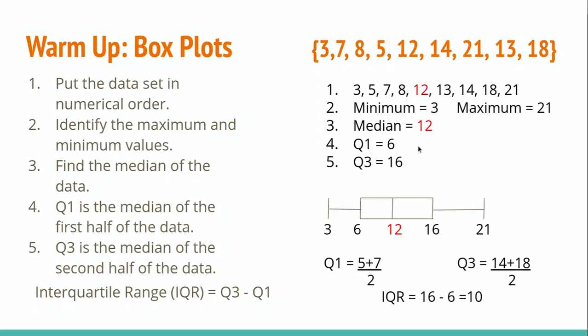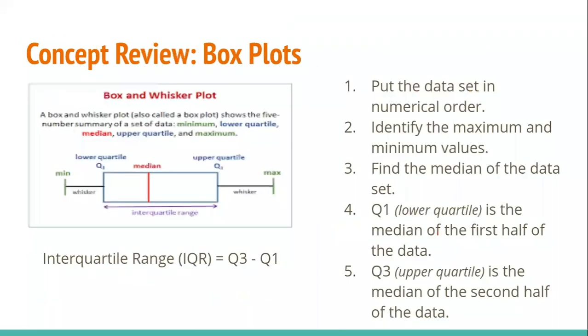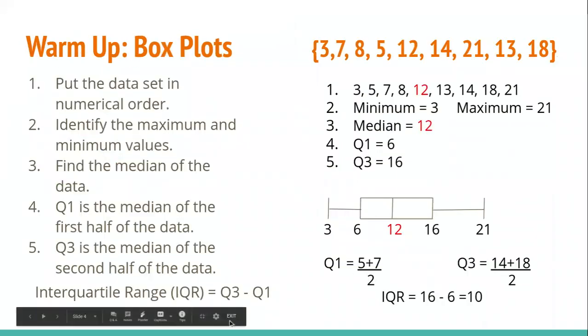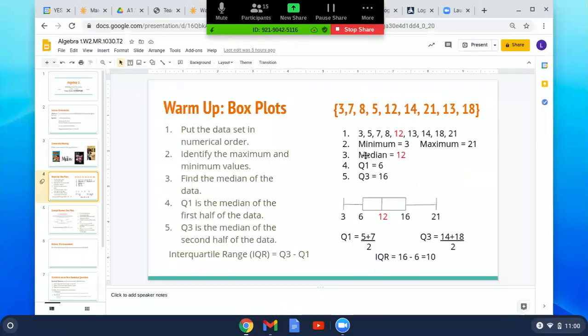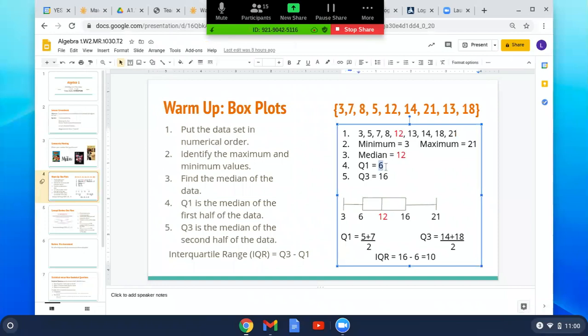So we now have the 5 numbers that we need for the box plot. And I will do something a little, excuse me. I'm going to change this. I'm going to just change the color.